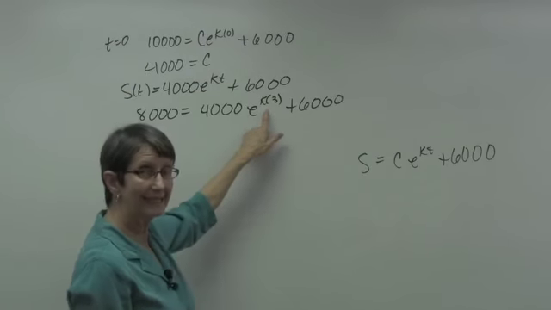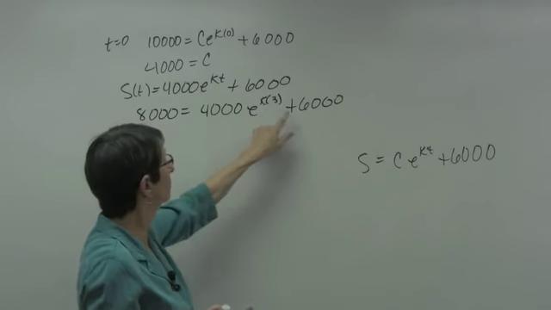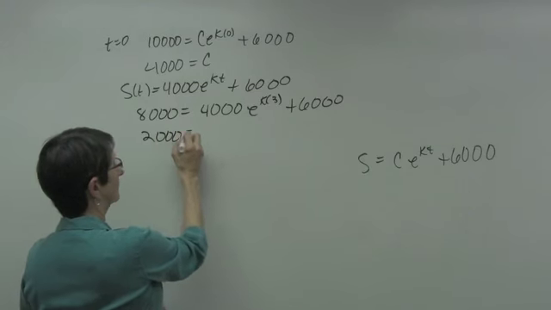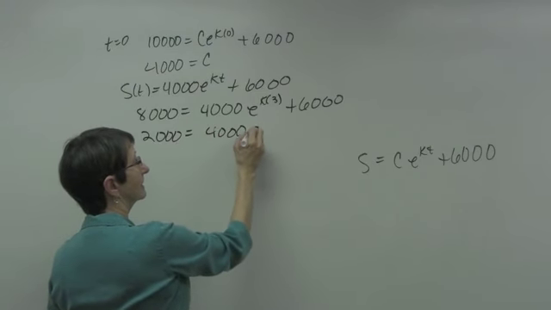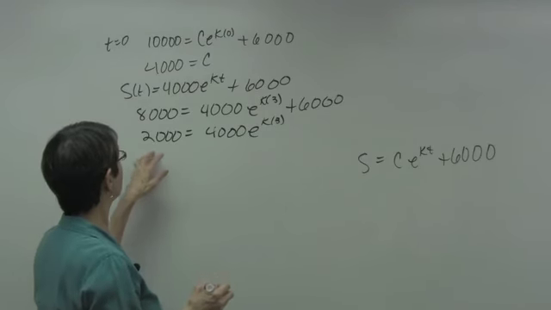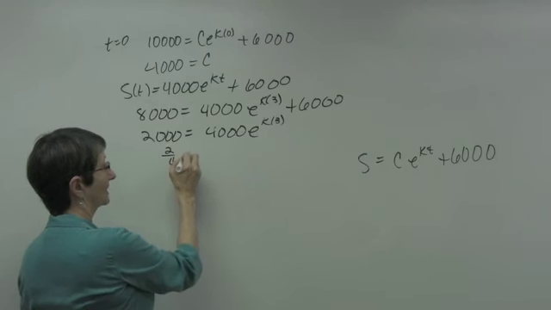I want to isolate the e to the k part because that's the next constant I need to solve for. So I have to subtract 6,000 first. Gives me 2,000 equal to 4,000 e to the k times 3. And then I divide by 4,000. 2,000 over 4,000 is 2 over 4, which is a half.